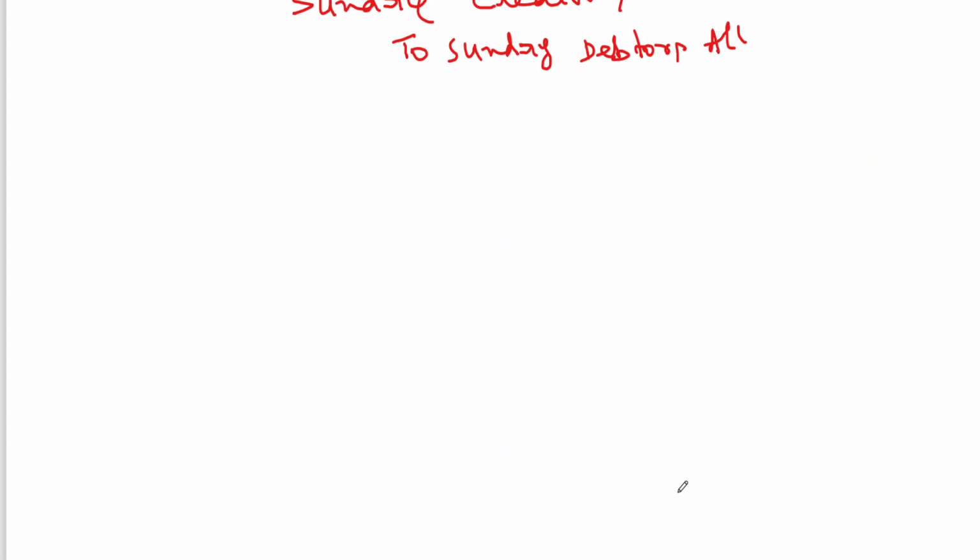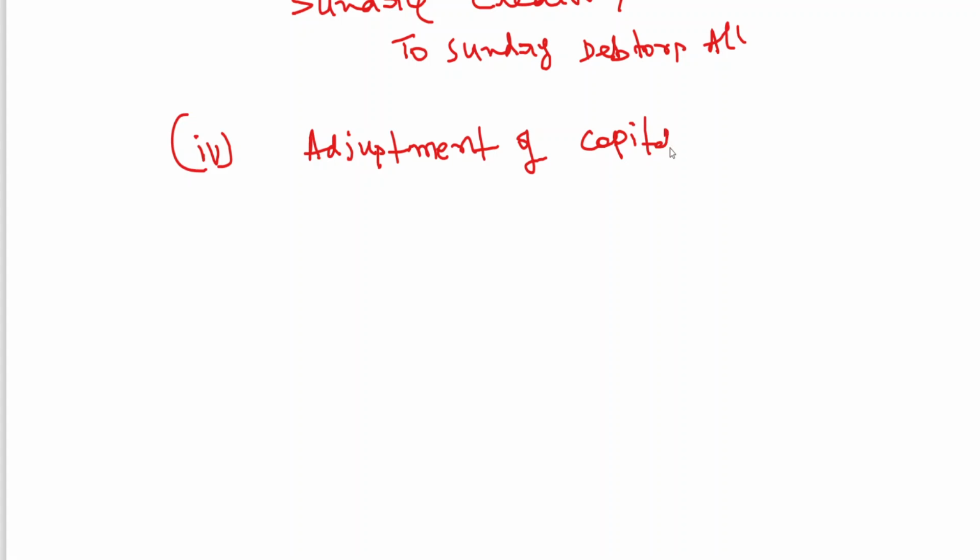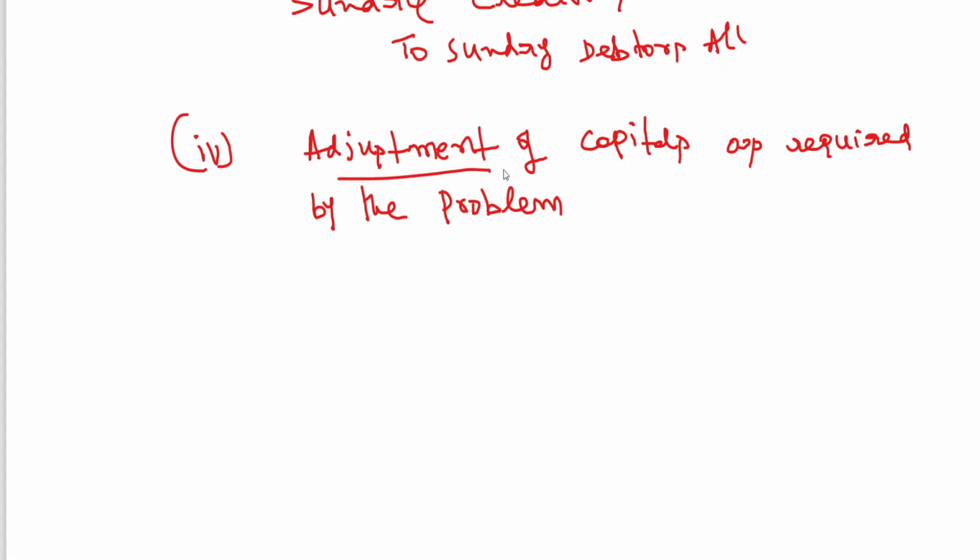And depending upon the information given in the problem, adjustment of capitals. Adjustment of capitals by taking one of the partner's capital as a base, as required by the problem. Sometimes they will be giving a base capital or new capital.